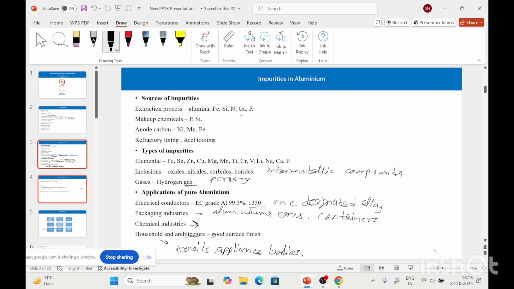Also in architecture, aluminum is used because it provides a good surface finish. And some more applications are car bodies and machine bodies also.